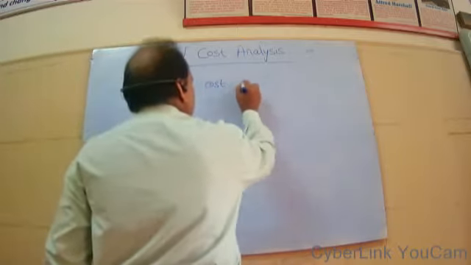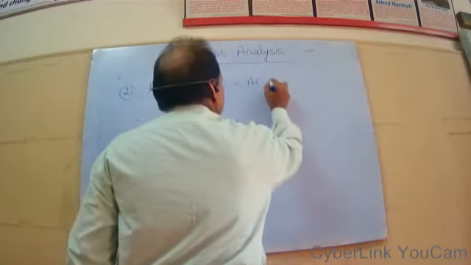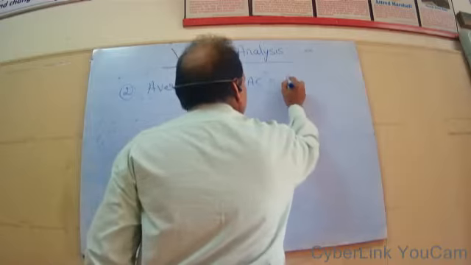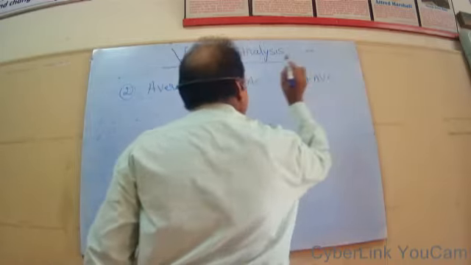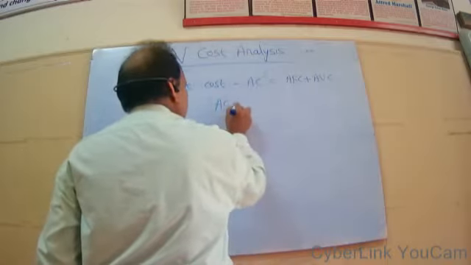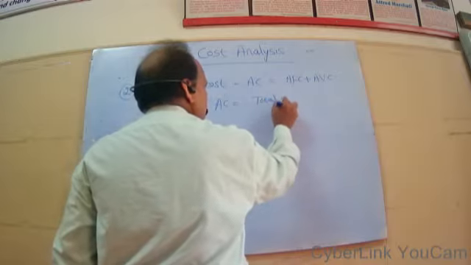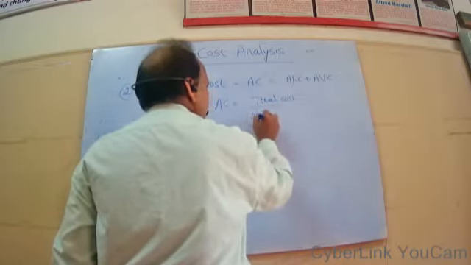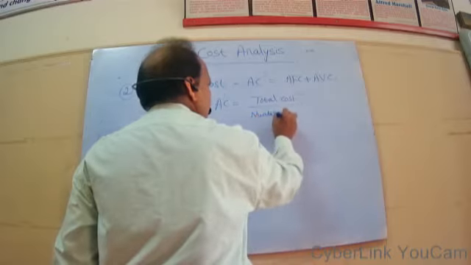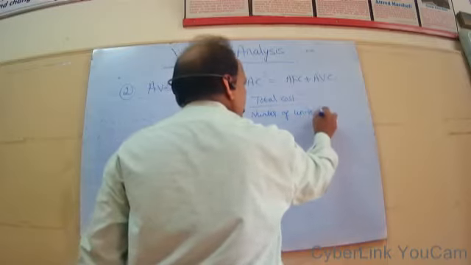Average cost AC is equal to average fixed cost plus average variable cost, or AC is equal to total cost divided by number of units produced.